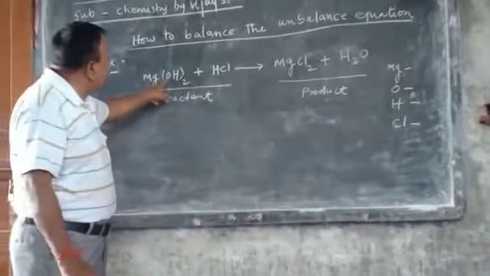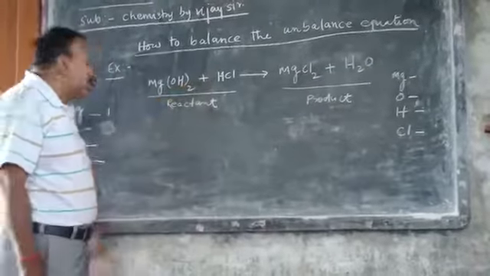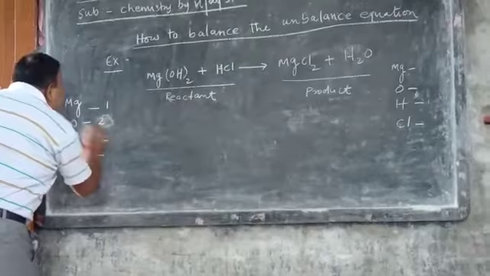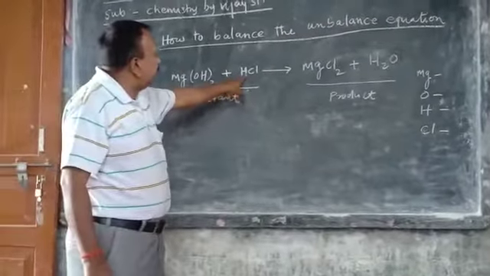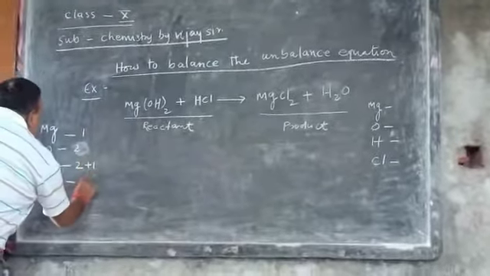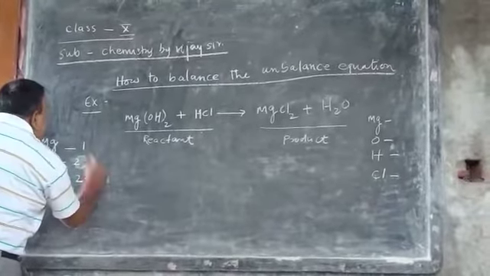The number of oxygen is 2 and the number of hydrogen is 2. Here the number of hydrogen is 1 and chlorine is 1. That means this is completely 3.